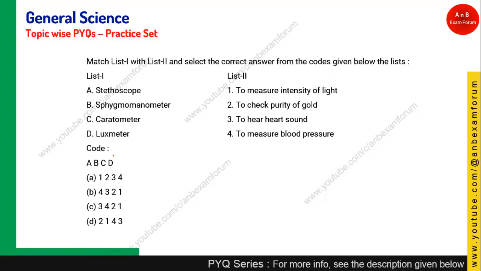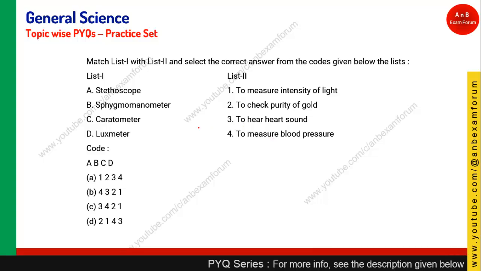Let's see the next question. It is match the following. So these are the devices and these are what they measure. So let's match the following. The first one is stethoscope. To measure the intensity of light, as we have already seen, it is lux meter, so I am making it A. To check purity of gold, it is caratometer.